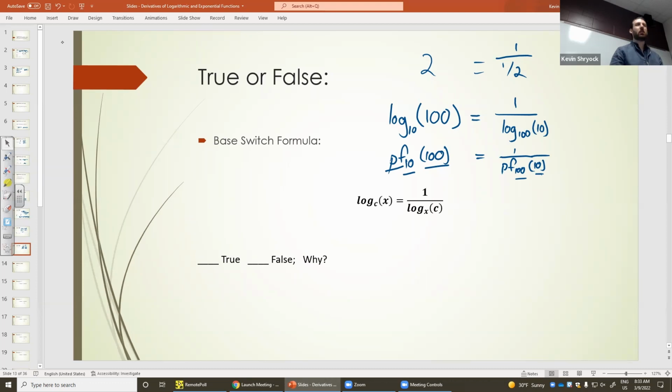So if you flip your base with your argument, you are reciprocating the power. You're looking at 1/2, whereas originally you were looking at double. Any questions on these before we go on? Please.